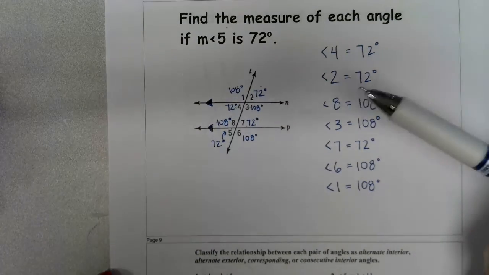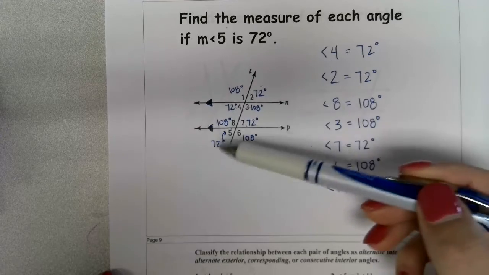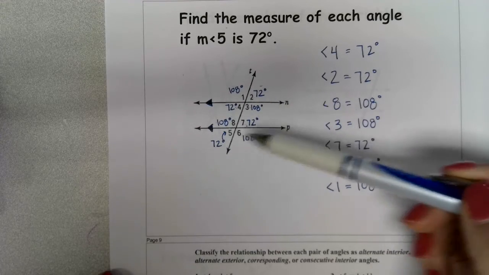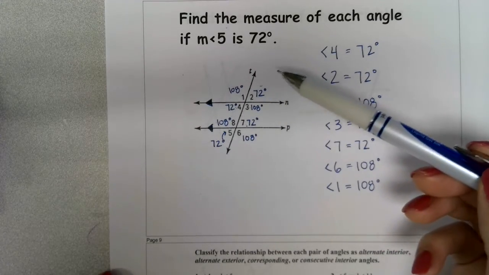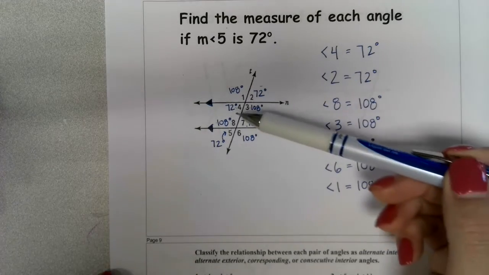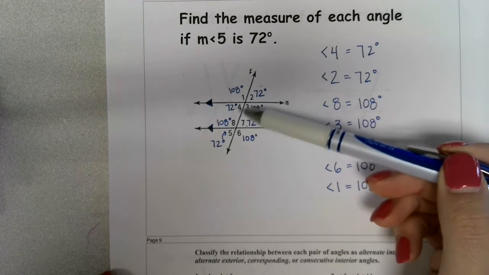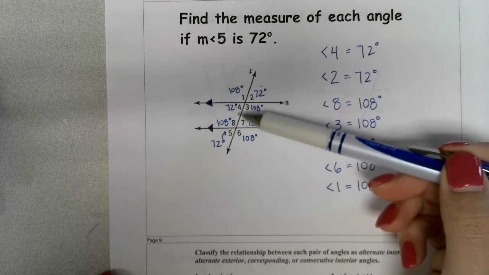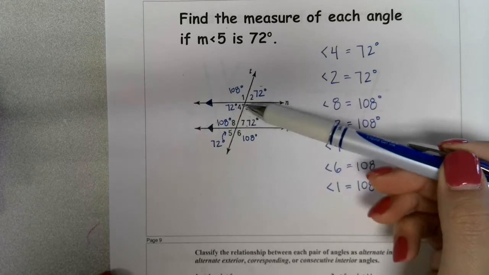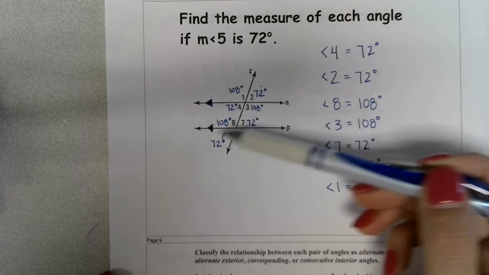So if you notice, everything on this diagram is just 2 degrees. All you had to do was move those 2 degrees around and figure out what was going to be the same. The only angles that are not congruent, okay, are the ones that are consecutive interior. The consecutive interior angles are the ones on the same side of the transversal along the inside of your parallel lines.